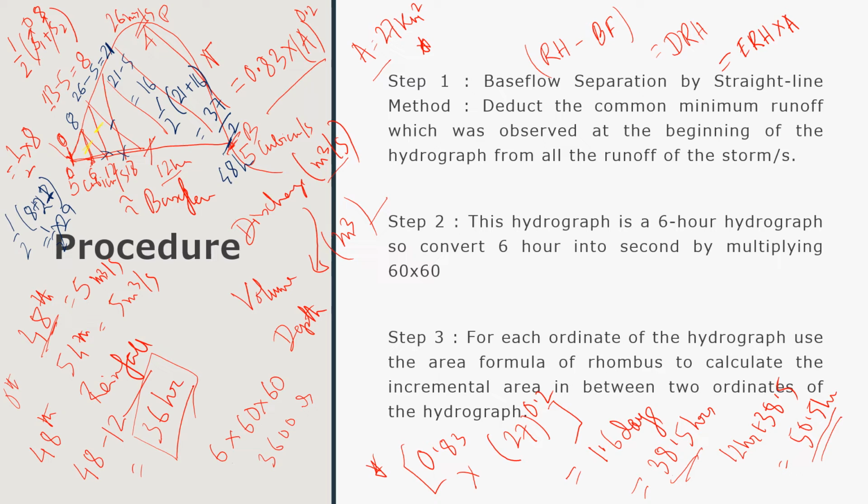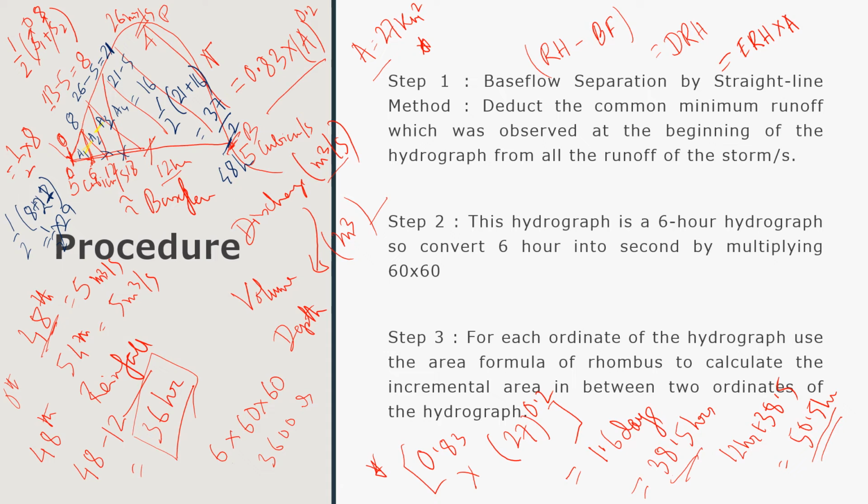That means if first incremental area is A1, then A2, A3, A4, and so on. So you will add A1 plus A2 plus A3 plus A4 plus A5 and so on. This is the technique to find the total area under this DRH, direct runoff hydrograph.